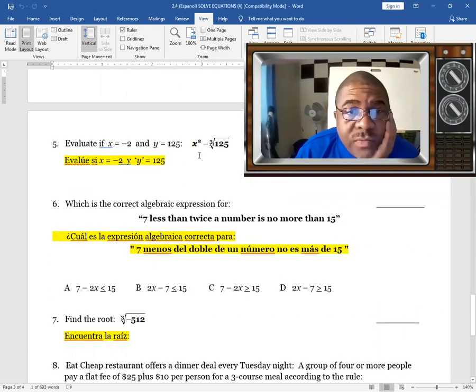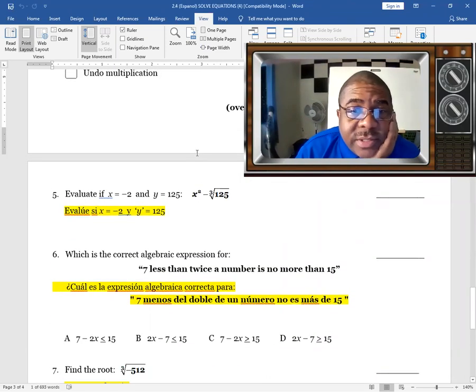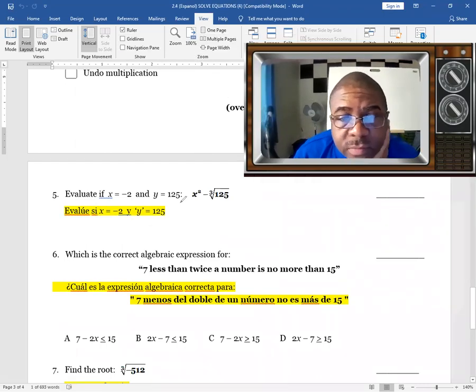Let's look at these, they are interesting. So when you're working on these, x equals -2 and y equals 125. Even though you can use decimals to figure it out, you want to rewrite it. So x is -2.